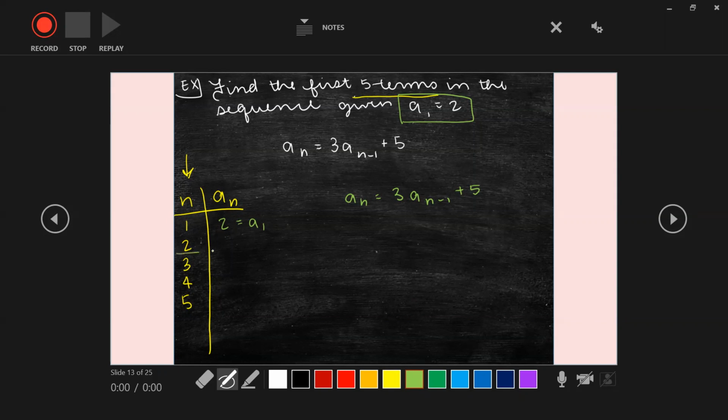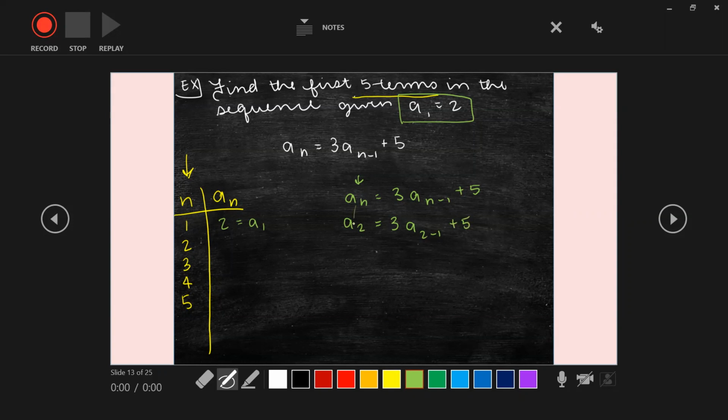What I need to find starts at 2. So I'm going to try and find 2, because whatever's on this side, you're trying to find it. I don't know what that is. It equals 3 times a sub 2 minus 1 plus 5.